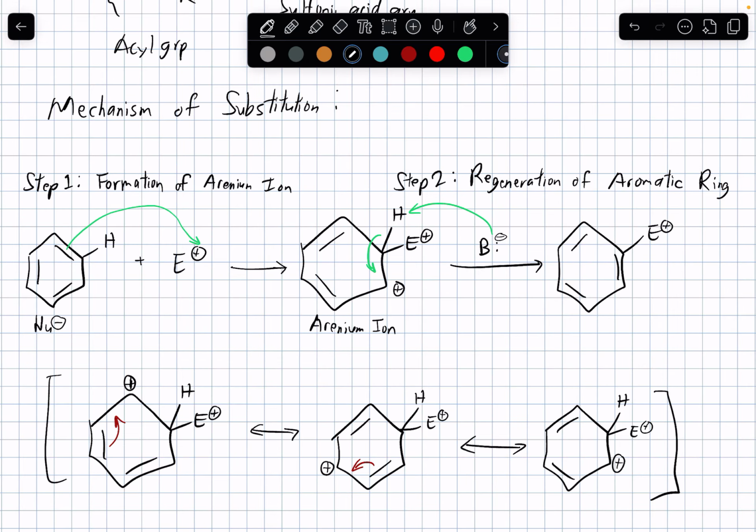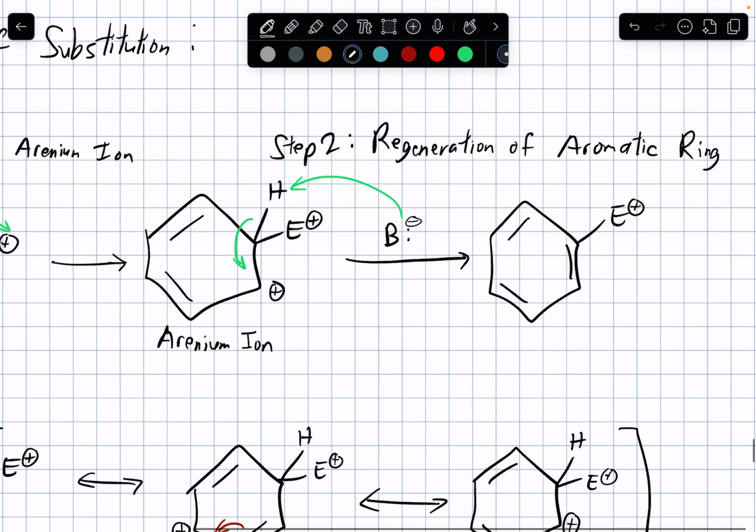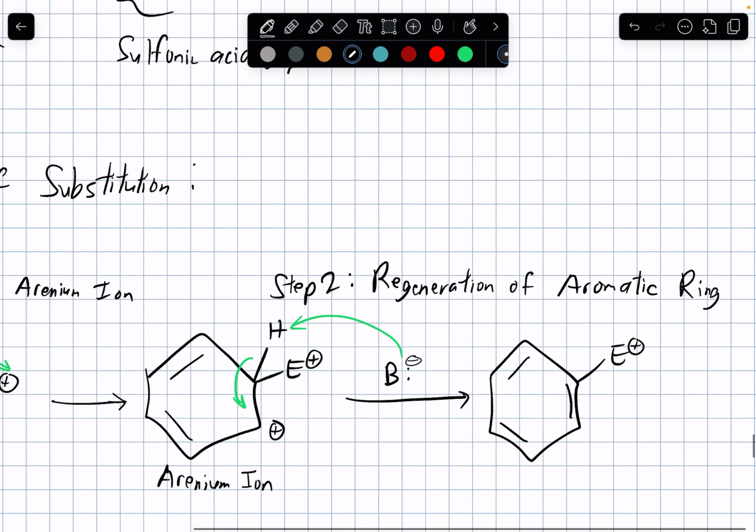Okay. The bond to the hydrogen goes back. That's how the double bond is regenerated. There, and ultimately, the aromatic ring is regenerated back. The arenium ion lets go of the hydrogen because it wants to be aromatic again. Remember what's been mentioned earlier?